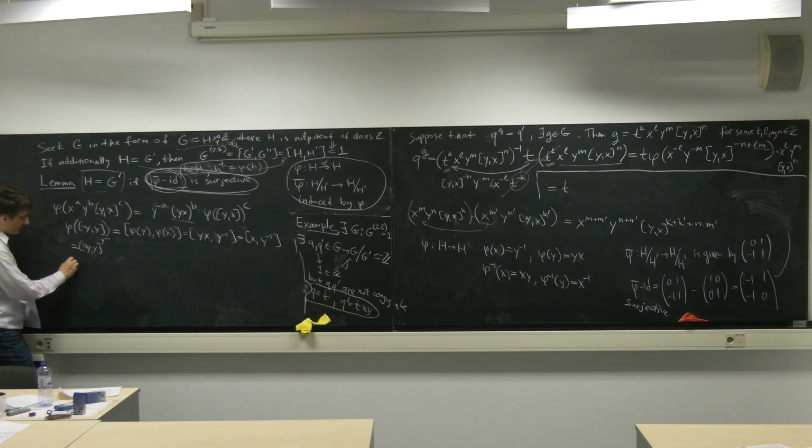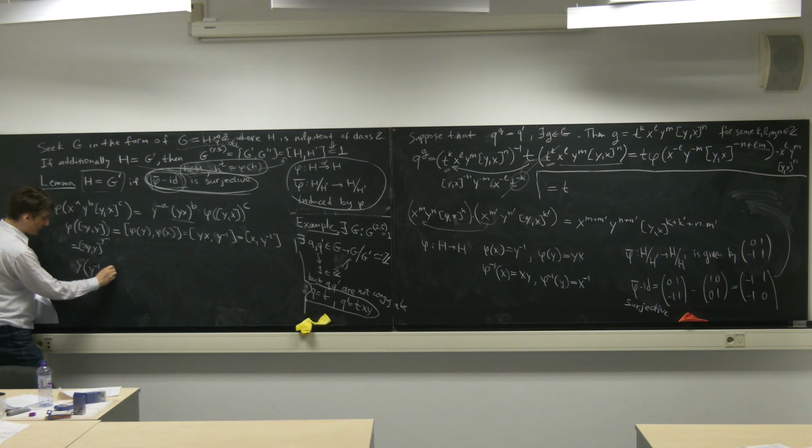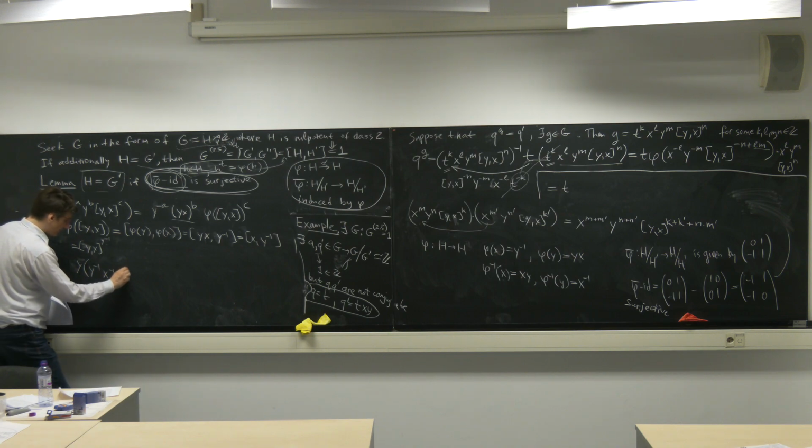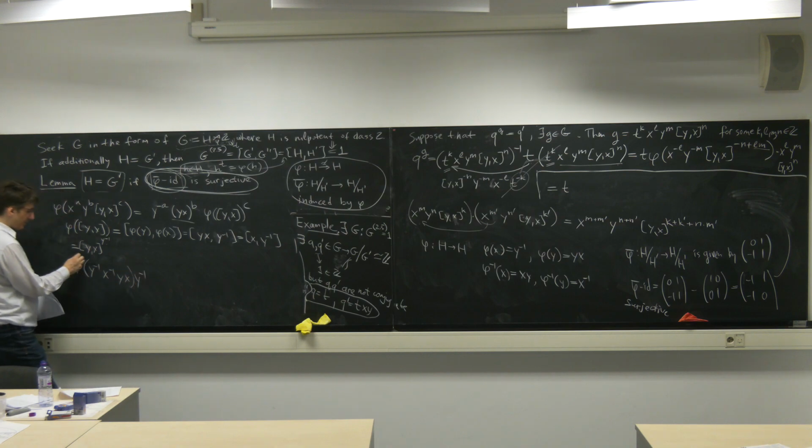Well, let us check this. So I'm conjugating by y inverse, so y, and then y inverse x inverse yx, and then y inverse. This is this.